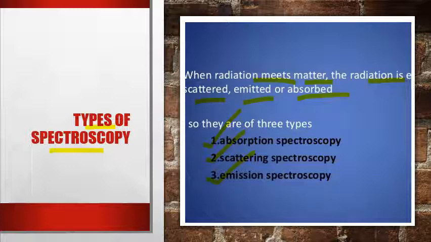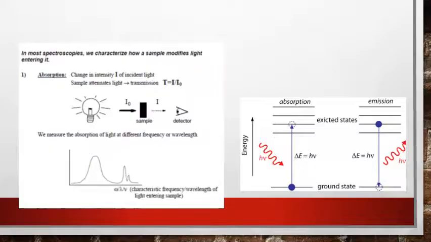In absorption, the absorbed light is identified, the scattered light is studied in scattering spectroscopy, and the emitted light is studied in emission spectroscopy. In most spectroscopy, we characterize how the sample modifies the light entering into it.